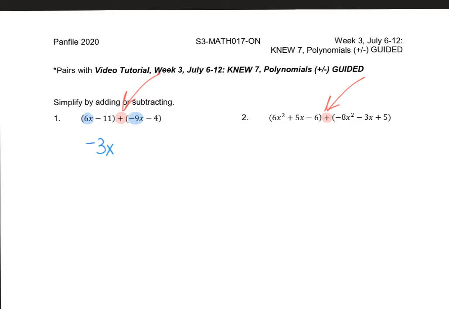I have 6, I take away 9, and I get negative 3. Now you're saying, why are you taking away? Well, even though I'm adding in between the parentheses, that 9x is negative, right? So 6 plus negative 9, that negative trumps. So 6x, I take away 9x, I get negative 3x.